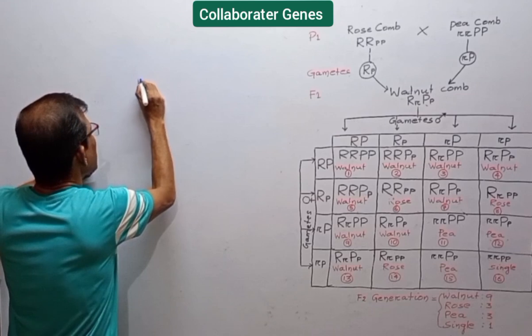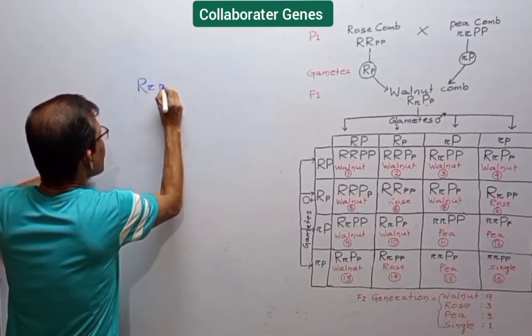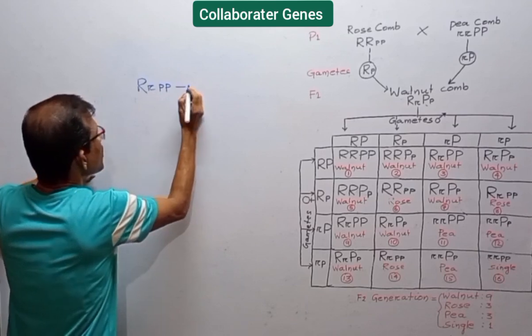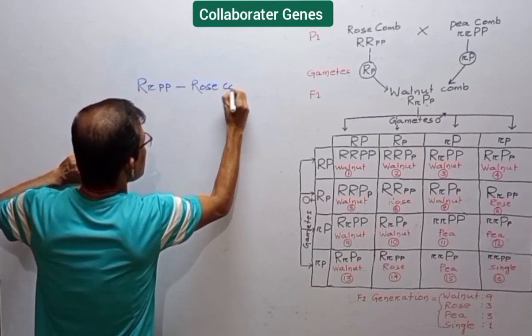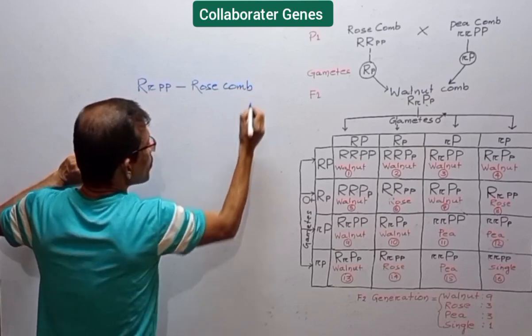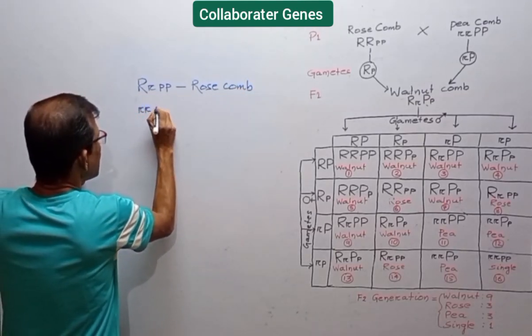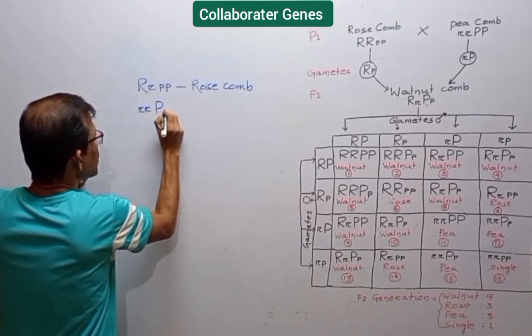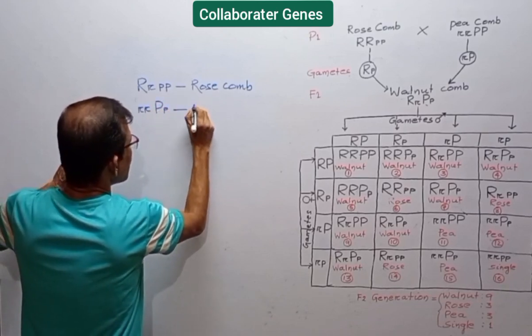Presence of at least one rose comb gene and absence of the pea comb gene result in rose comb. Similarly, absence of the rose comb gene and presence of at least one copy of the pea comb gene result in pea comb.